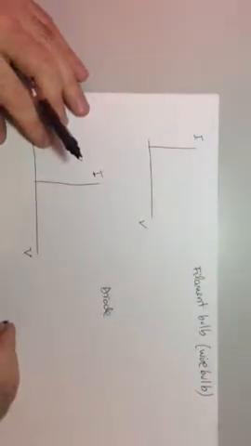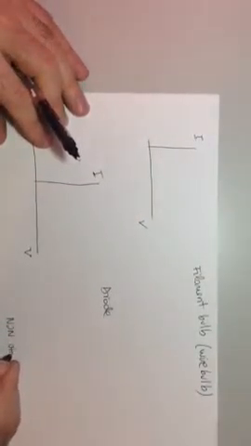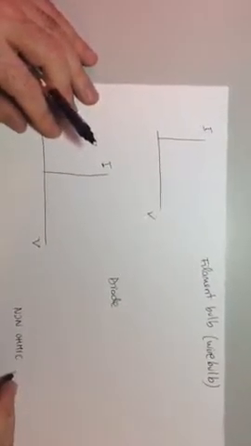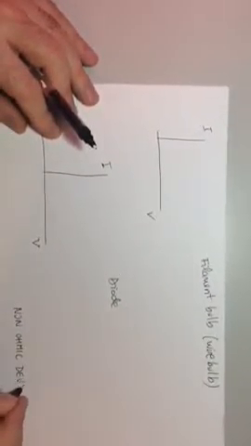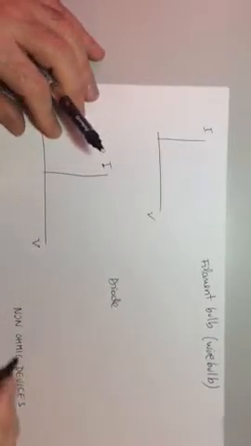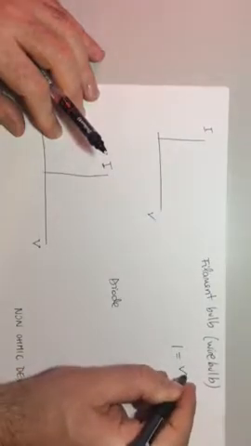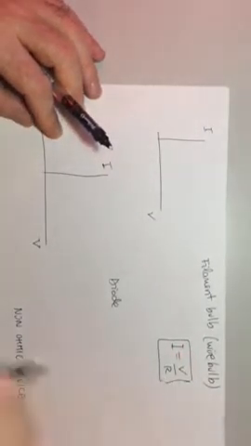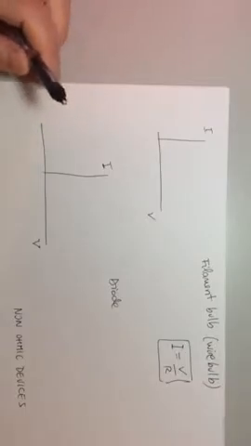These two are called non-ohmic devices, because they do not follow Ohm's law. What does it mean? I equals V over R, a direct relationship, is not followed in this situation.